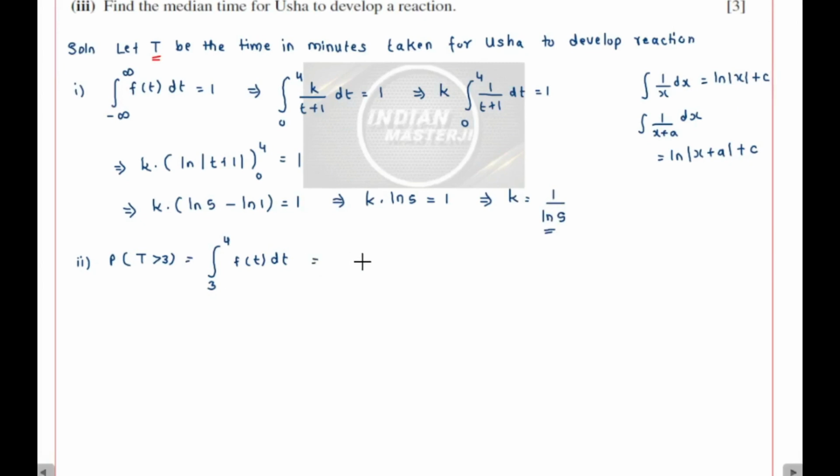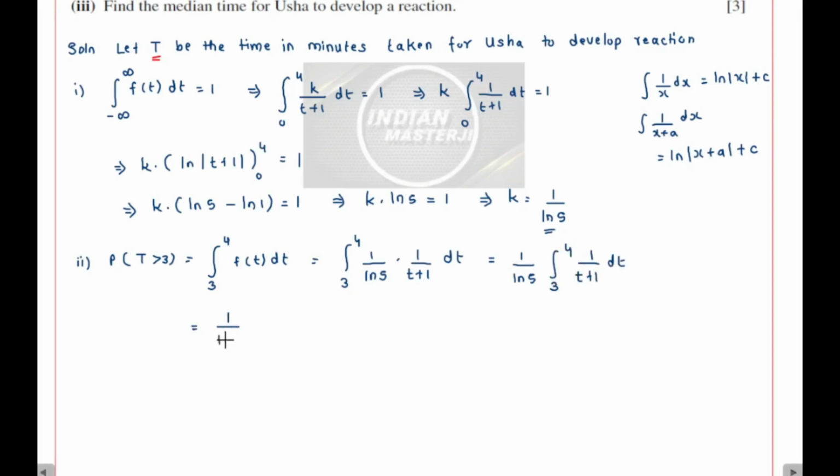So I can say this is equal to the integration of, in place of k, I can write 1 upon ln 5 into 1 upon T plus 1, and I have to integrate this whole thing with respect to T when T is varying from 3 to 4, correct? So what do I get? This 1 upon ln 5 being constant I can take outside, and I have to integrate 1 upon T plus 1 with respect to T.